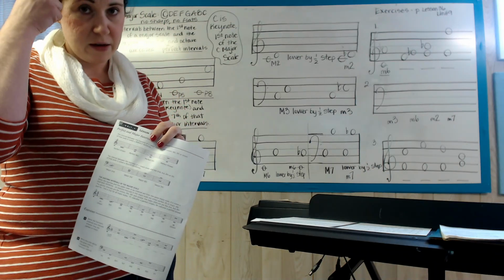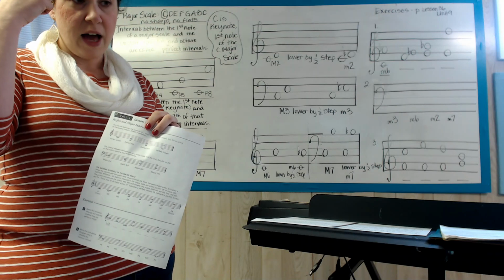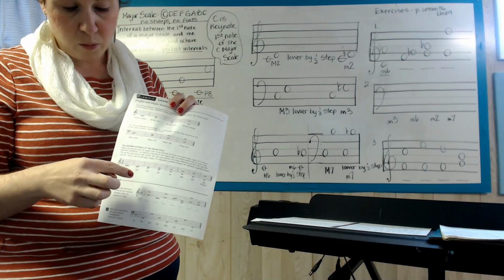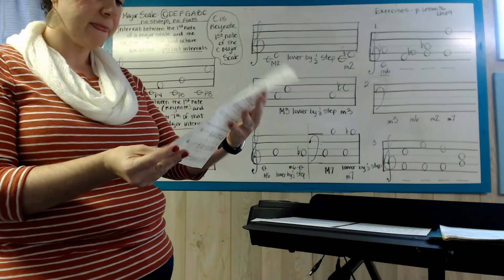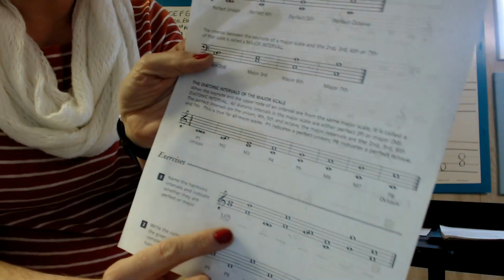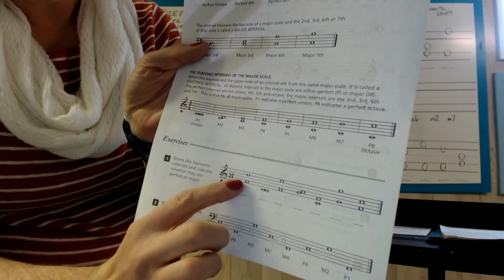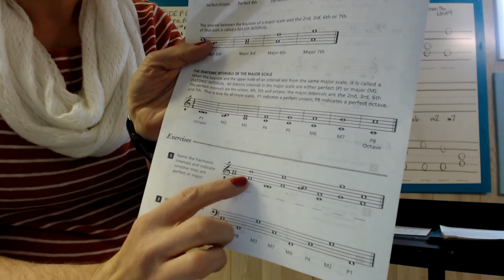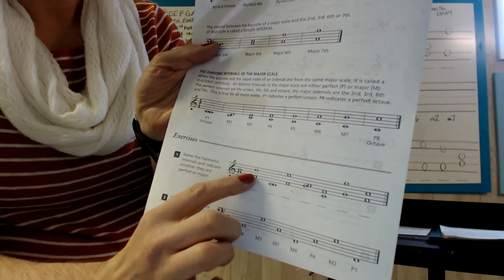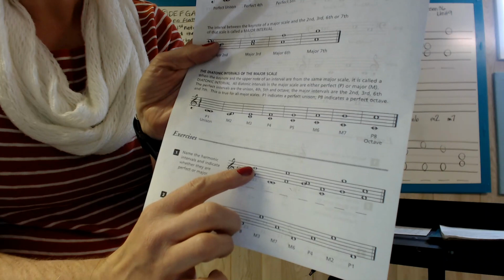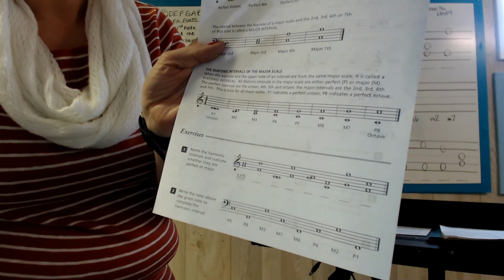If you're thinking, okay, G, when I'm in the key of G major, I go up to B, 1, 2, 3, major third. Okay. Second example here, you're starting on an F. If I'm in the key of F, I have F, G, A, B flat, C, D. That's up a major sixth.